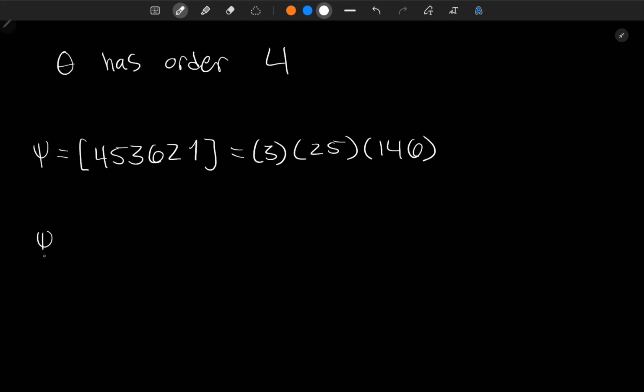And suppose now we wish to find psi composed with theta. Well, this is equal to (3)(1, 4, 6)(2, 5). So that's psi.